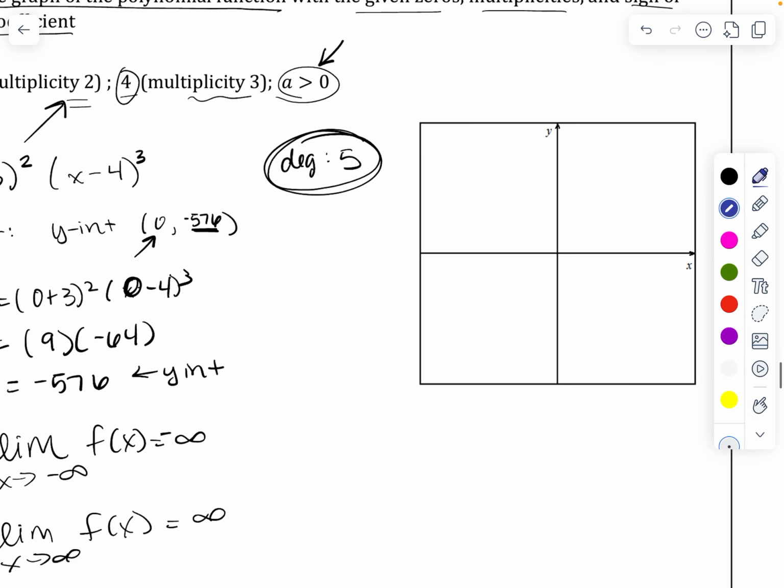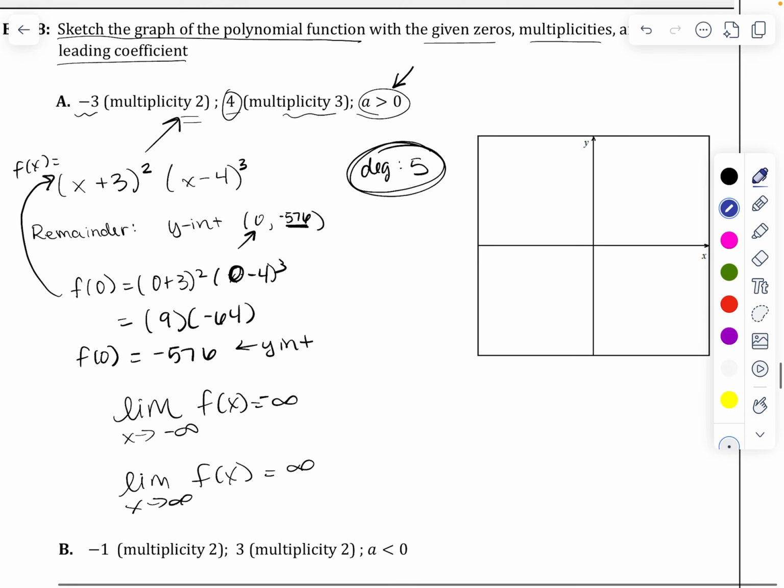So if I draw this on my graph here, we have a zero at -3 of multiplicity 2, and we have also a zero at 4. We know the degree is 5. We know on the right side it's going up to infinity. On the left side it's going down to negative infinity.